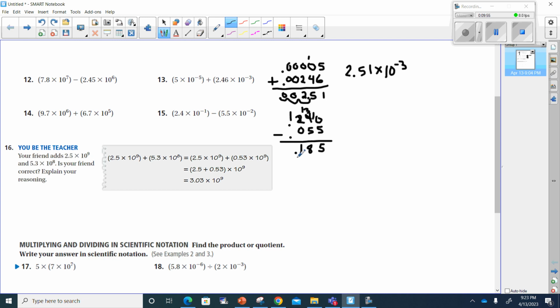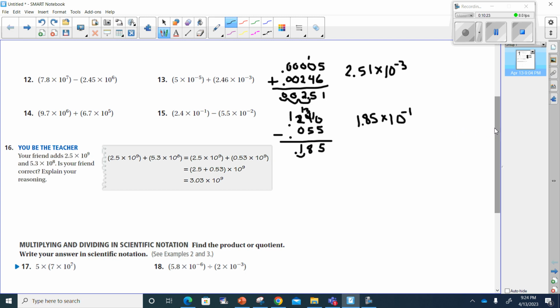And now we bring the decimal over, it's going to be 1.85 times 10 to the 1 power is times 10. Oh, I'm sorry, it did go back 1, so that would be negative 1 power. Sorry about that. I forgot that we did bring it back 1. All right.